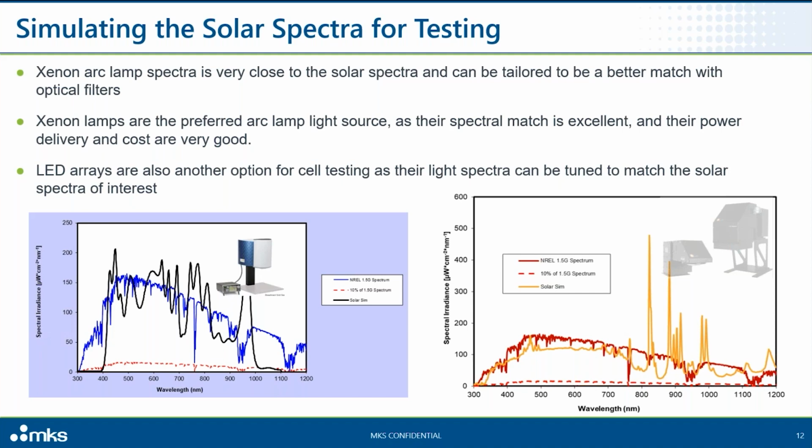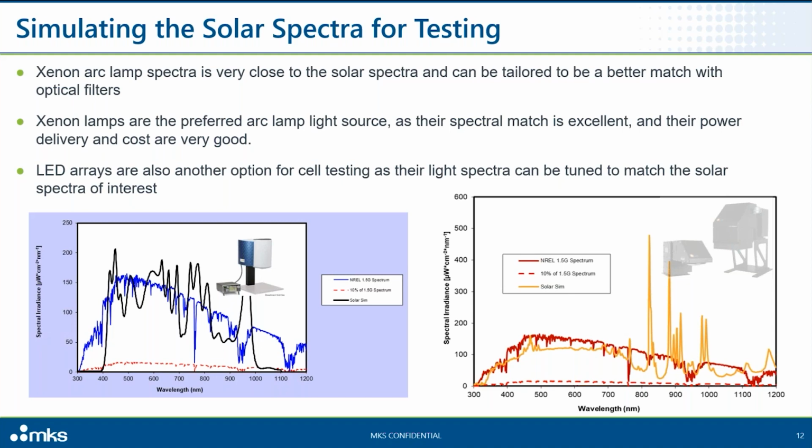LEDs are starting to come online. The LEDs tend to fall off as you get closer to the UV spectrum. You can see in this graph that it drops off pretty significantly when you get to about 400 nanometers. You can also see that on the near infrared side they tend to fall off in that area as well.